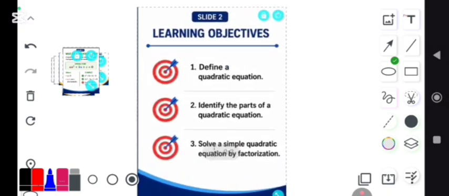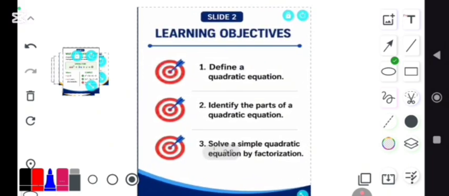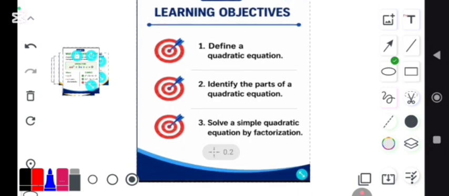Learning objectives. These are things you're expected to learn after the class. Number one, you should be able to define a quadratic equation. Number two, you should be able to identify the parts of a quadratic equation. Quadratic equation does have parts, actually.